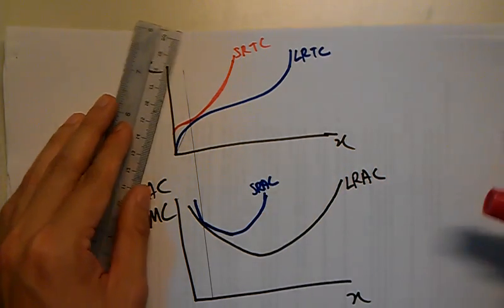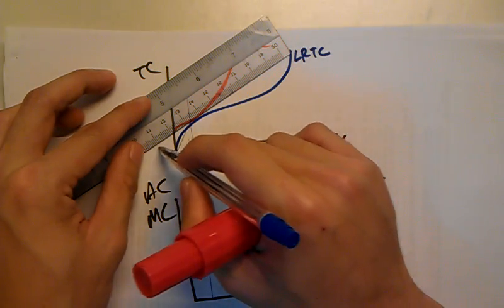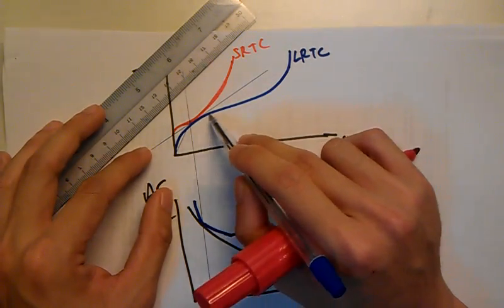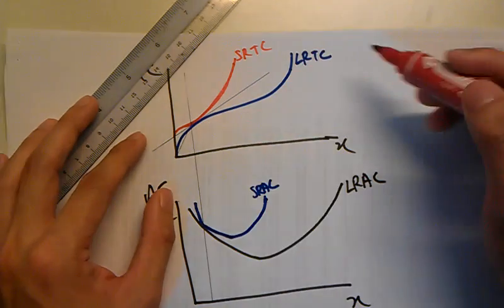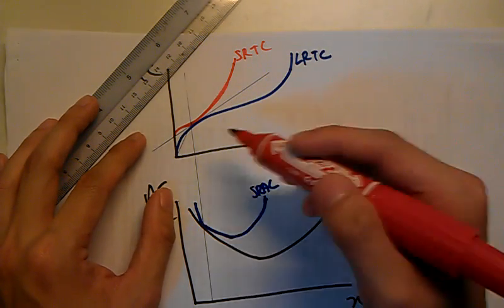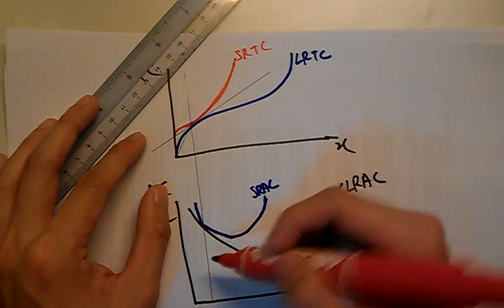At this point, if we draw a tangent, this line here will be tangent to both the long run total cost as well as the short run total cost. What does gradient tell us? The gradient of the slope tells us marginal cost. So this point is where marginal cost is going to intersect as well.